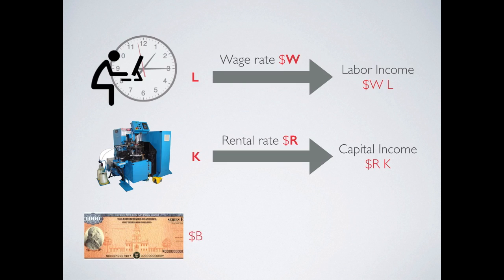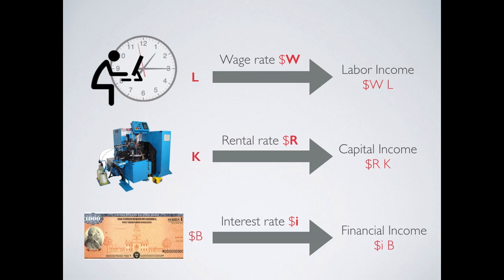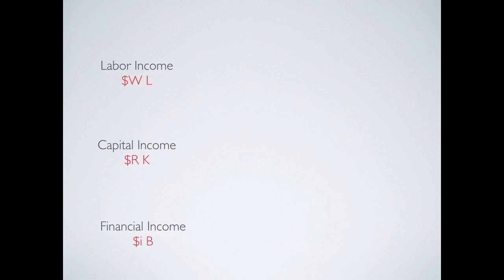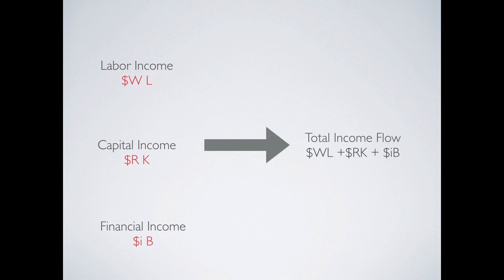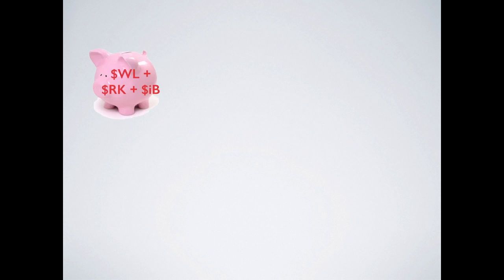Suppose the household lent B dollars to some other people, then given the interest rate is i, for this new period, this B of lending can generate iB of interest income for the household. Therefore, there are 3 income sources in this scenario. Altogether, that will be your total income flow for each period.